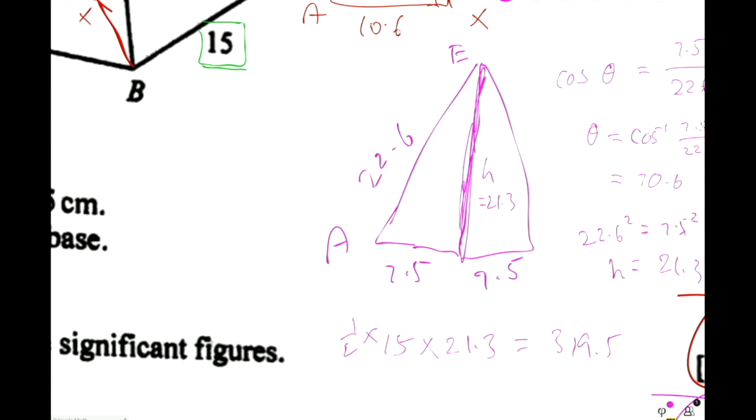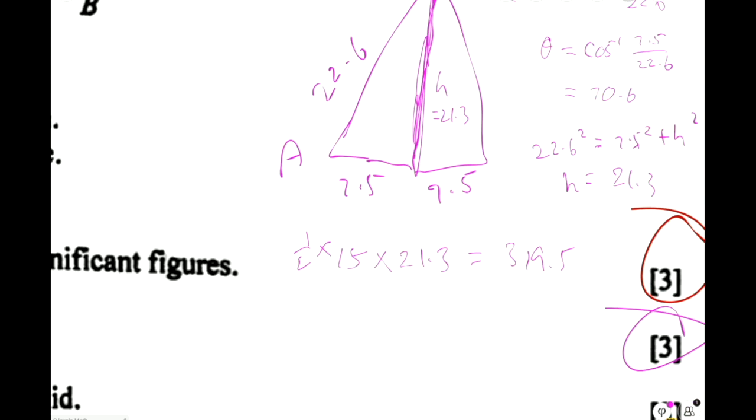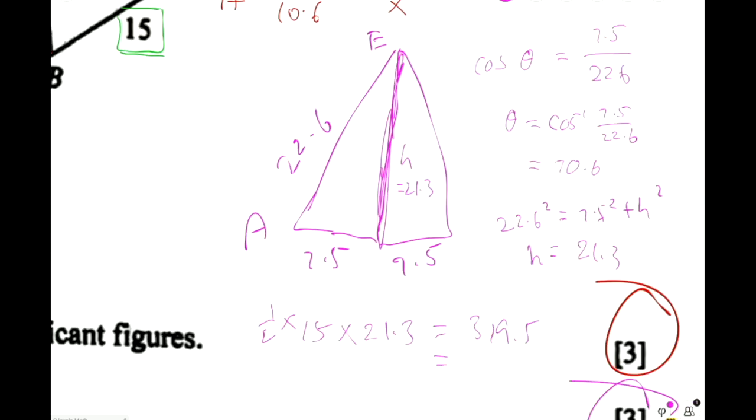Triangle formula: half times base times height. Right? So I gotta divide by 2. 159.75.